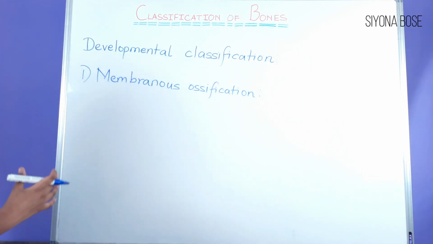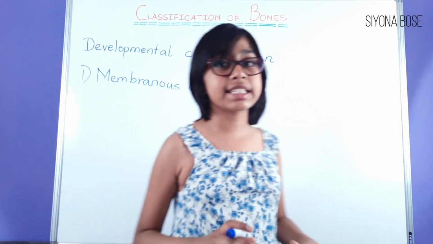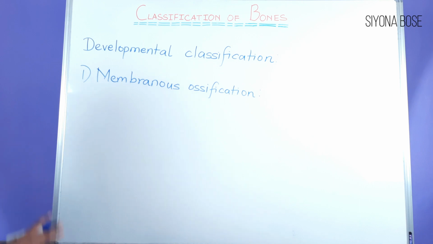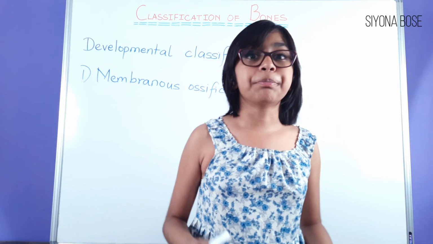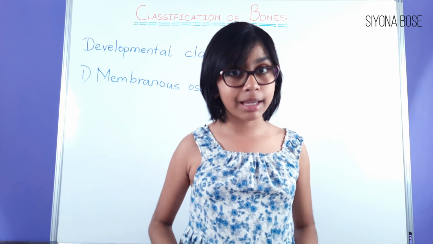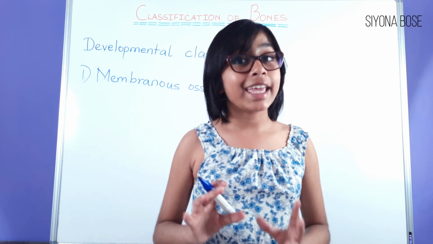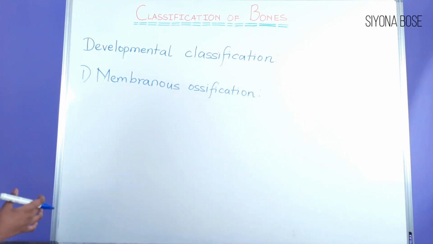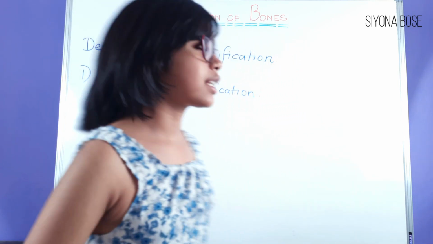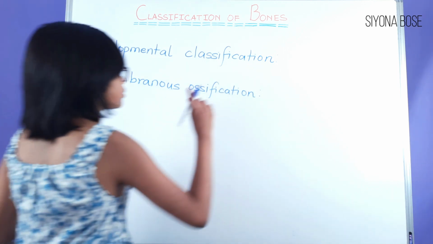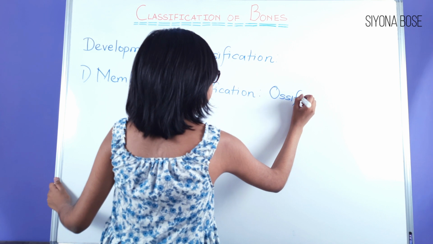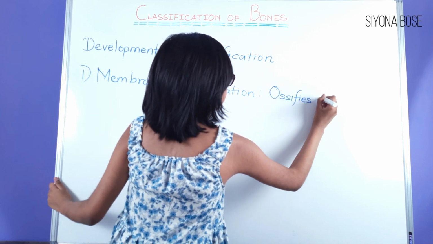Membranous ossification means the bone has ossified from a membrane or a mesenchyma, which is a type of animal tissue, similar to epithelium, that is another type of animal tissue.